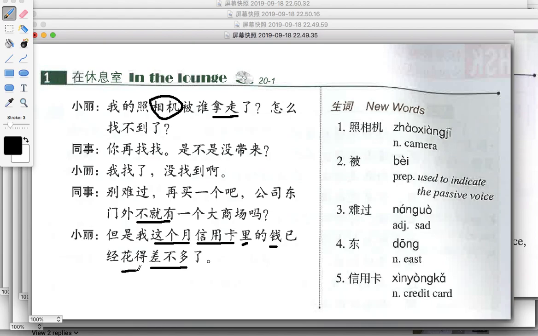I actually, before recording this, I've been thinking about, is there any connection between flower and to spend? I think I vaguely found something. I don't know if you can make that connection, but I think hua is beautiful, actually, in a way that is very good to look at, but not very practical to use.